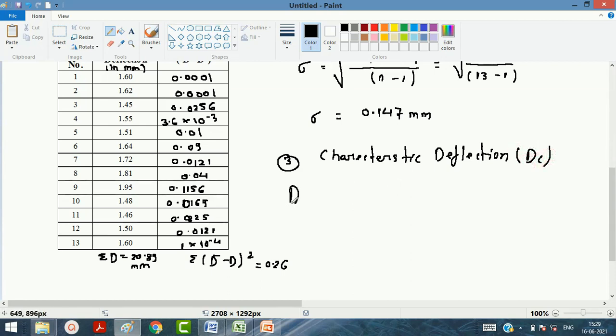The formula for dc is d bar plus sigma, that is 1.61 plus 0.147, which is equal to 1.757 mm.